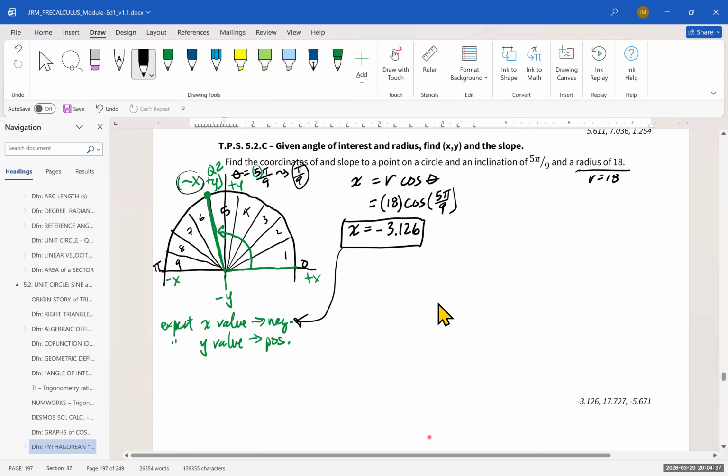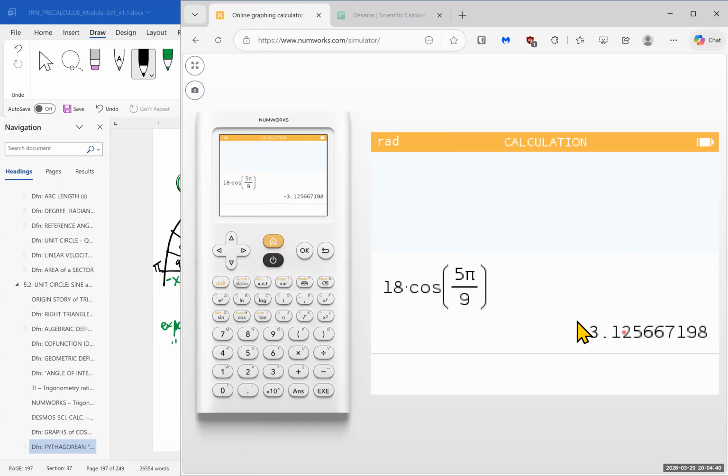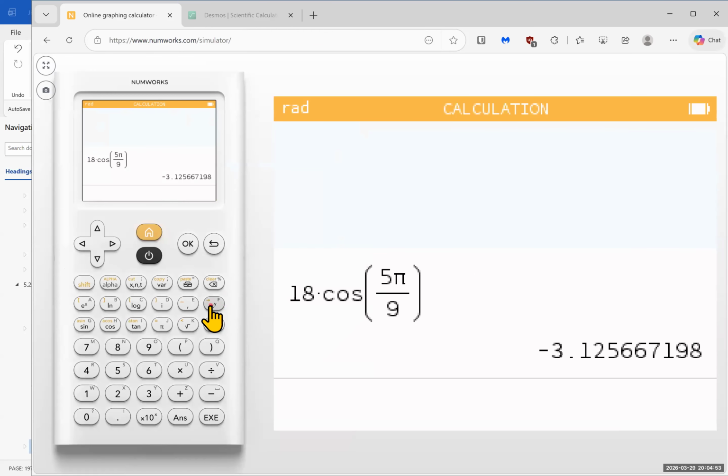But before we continue, let me show you how to store this value into a variable. You'll notice on the NumWorks screen, let me see if I can make this a little bit bigger. There you go. On this key, there's a little orange arrow pointing to the right up here in the corner. That's the NumWorks version of storing a value. So if you want to take your latest answer and store that in a variable, you can hit the orange shift button followed by this button.